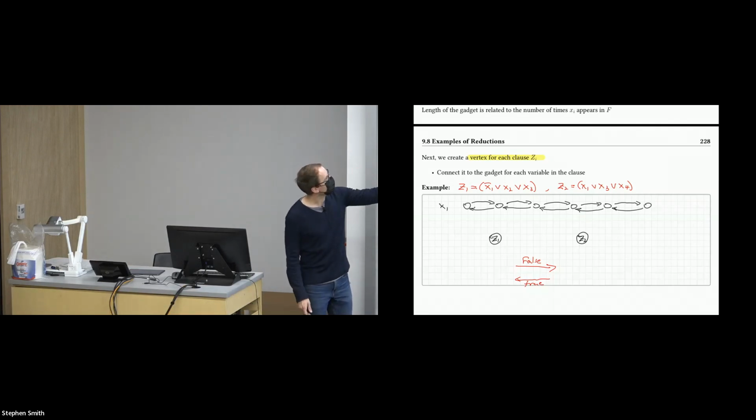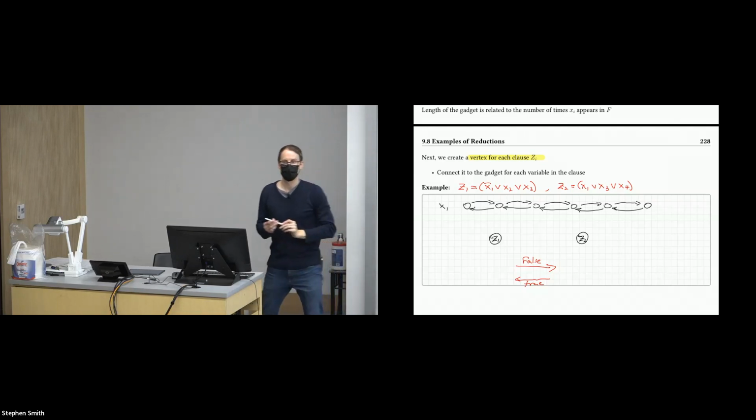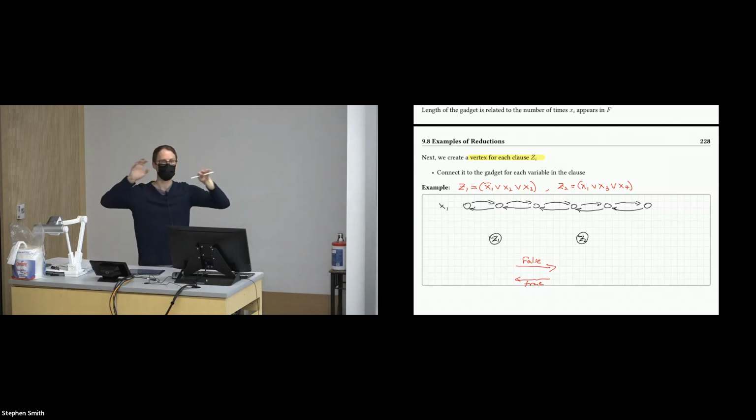If instead I traverse X1 in the true direction from right to left, then since X1 appears with the positive literal in Z2, I get to visit Z2. So I'm going to connect up the clauses to the variables so that I get to visit them if I go in the direction that would satisfy that clause.